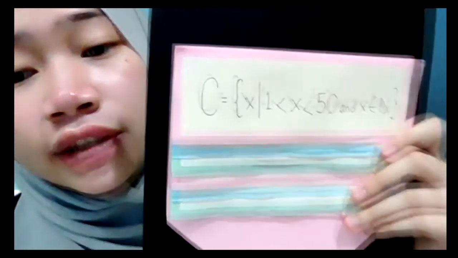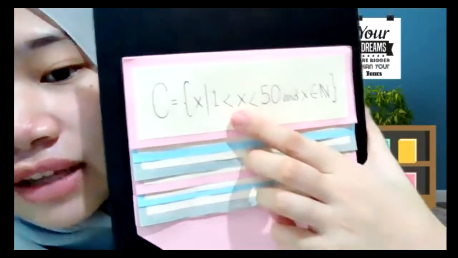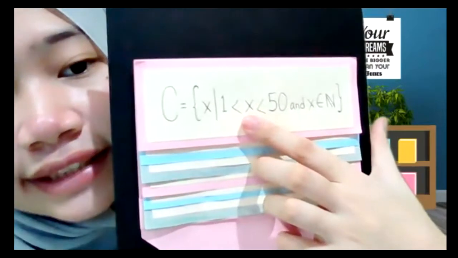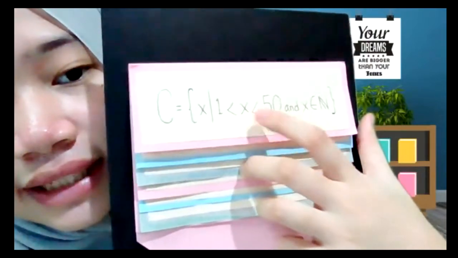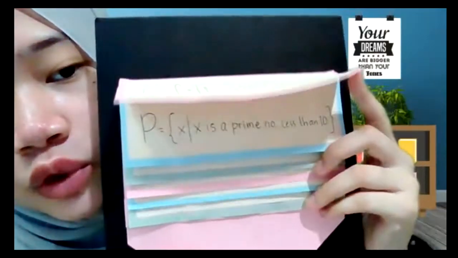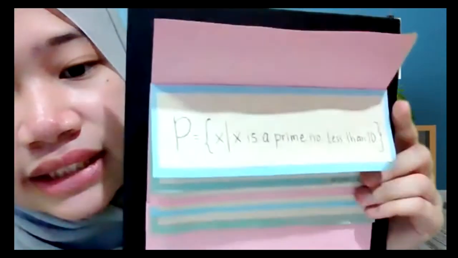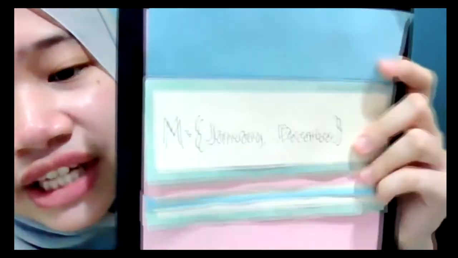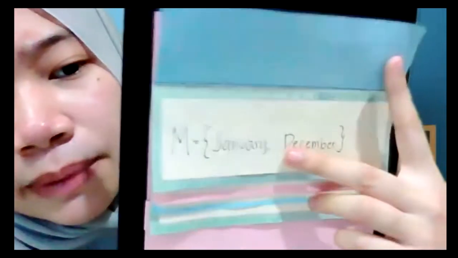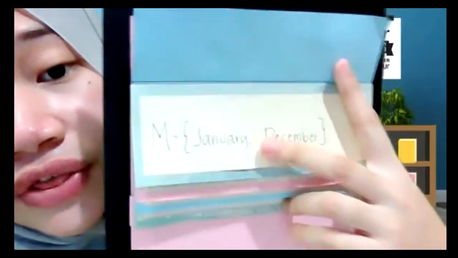Now, let's take a look at the sets given. Number 1 is a finite set since the less than sign signifies the boundary of the range: x is greater than 1 and x is less than 50. Number 2 is actually the same as number 1. Whereas in number 3, did you notice that there are three dots between the elements? We call these ellipses.